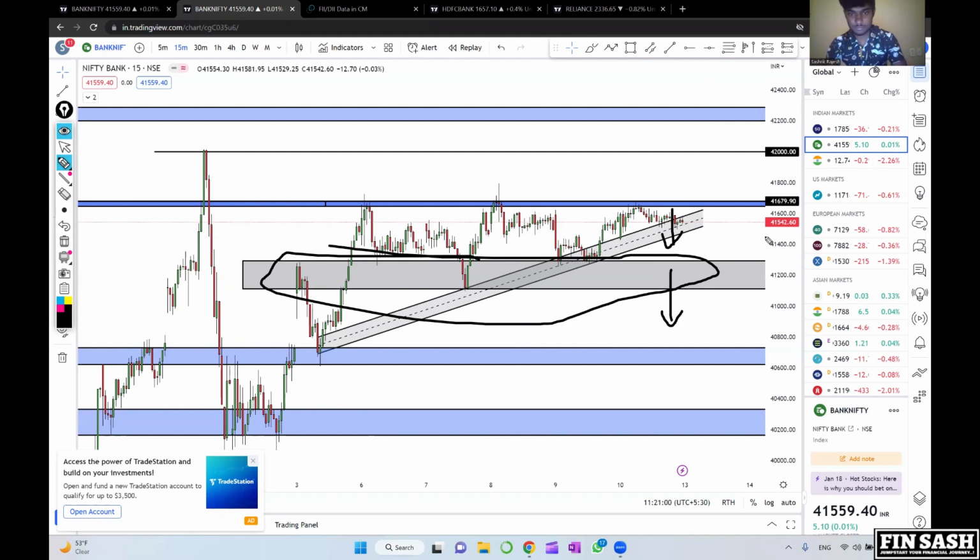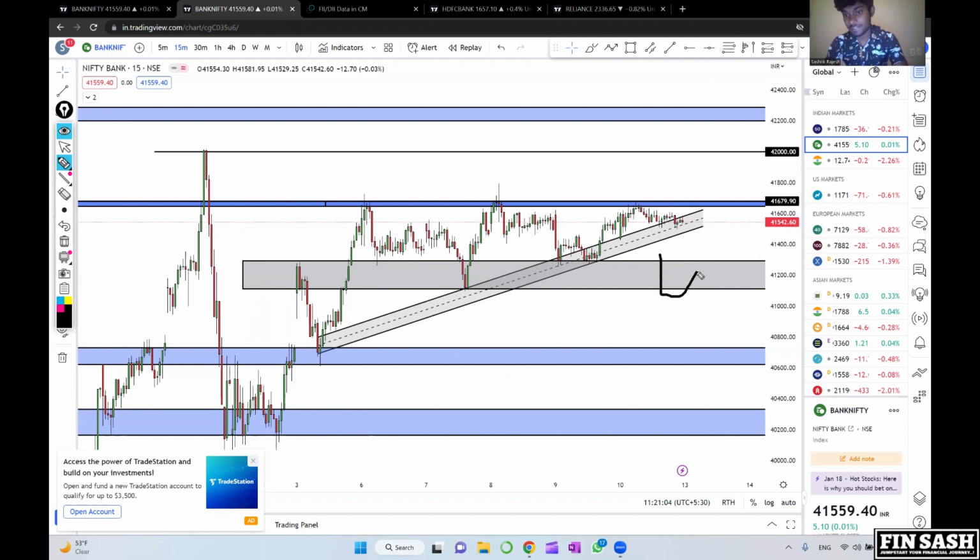So I just don't want the zone to break. I want a retest and then a bearish candle, and then only I'll be taking up a bearish trade. So that's my plan of action, and this would be my first target, and this would be my second target if I'm taking up a bearish trade.